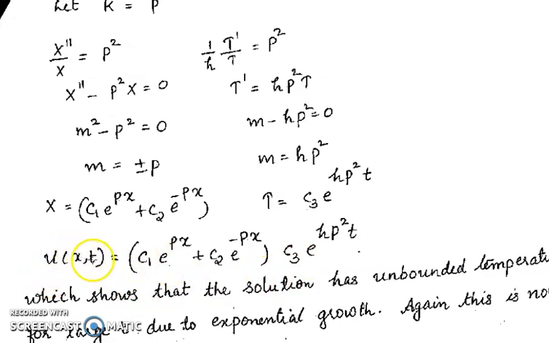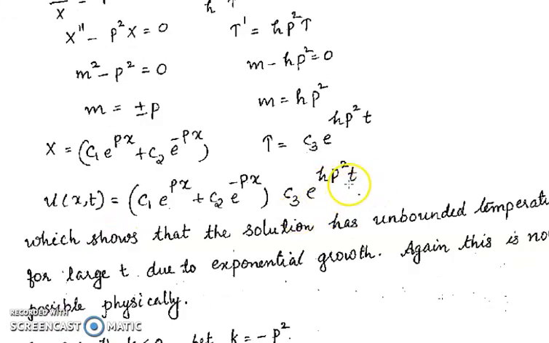Therefore, u(x,t) equal to (C1 e raised to px plus C2 e raised to minus px) into C3 e raised to h p square t. That is the value of u in the second case. Then we know that as time increases, temperature decreases, and here as time increases, temperature also increases. So this solution is also not possible.